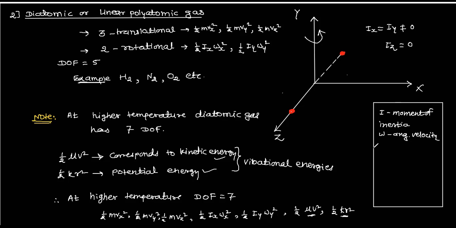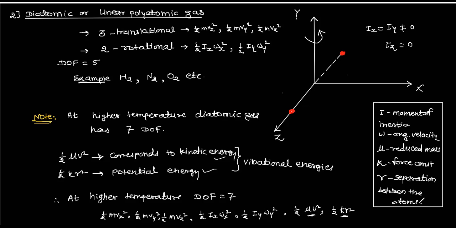And mu, mu is what? Reduced mass. Mu is reduced mass due to vibration. This k is force constant. And this r, which is coming because of this vibration, that r is the separation between the atoms, right?